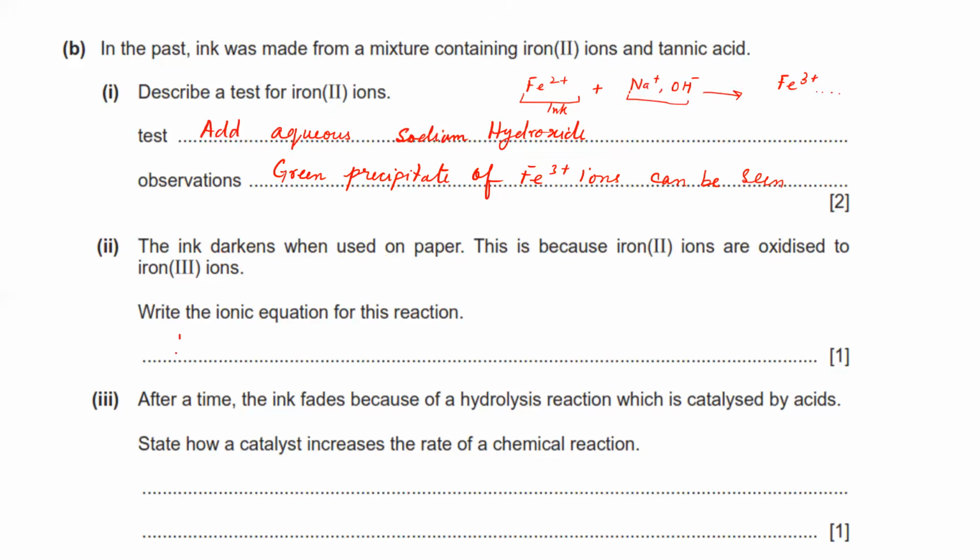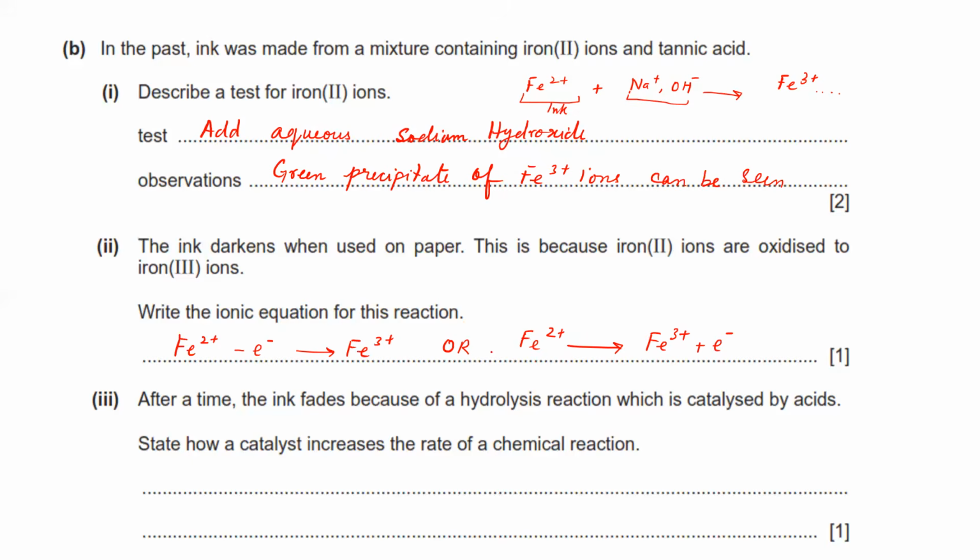So the ionic equation: iron 2 positive loses an electron, becomes iron 3 positive. This is one way of writing it, or you can also write it with an arrow, iron 2 positive becomes iron 3 positive and an electron. In some textbooks you'll find this equation, in some textbooks you can find the other.